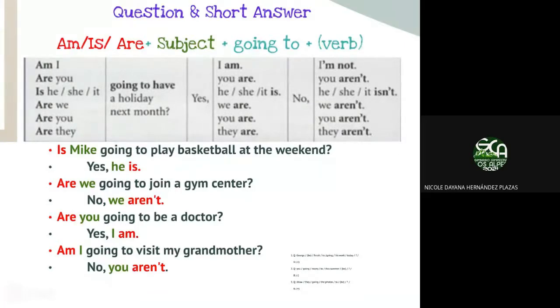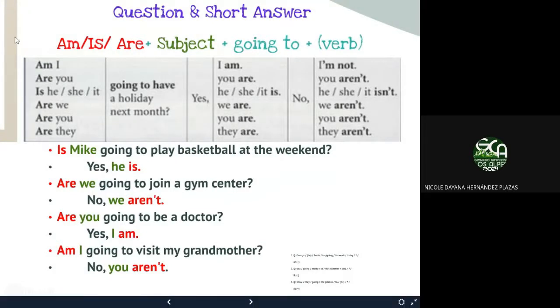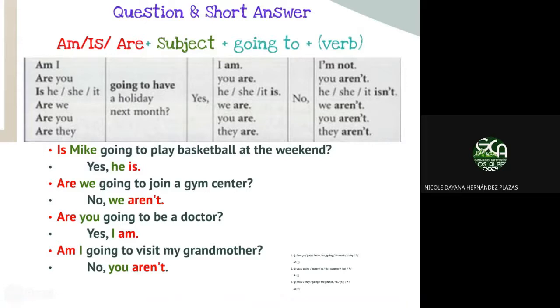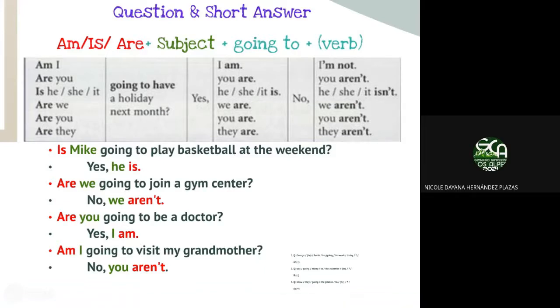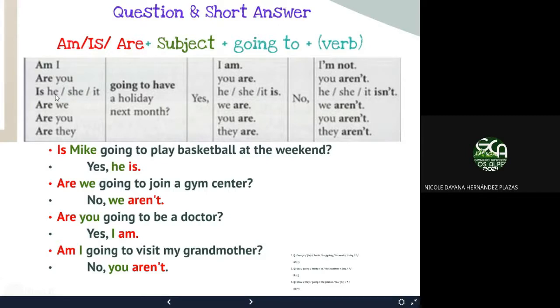So, let's take a look at the chart and the examples. The first one: am I going to have a holiday next month? Silence, thank you. Am I going to have a holiday next month? The next one: are you going to have a holiday next month? With he, she, or it, for example: is he going to have a holiday next month?